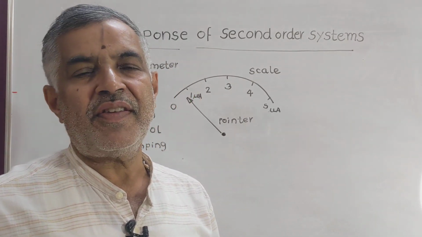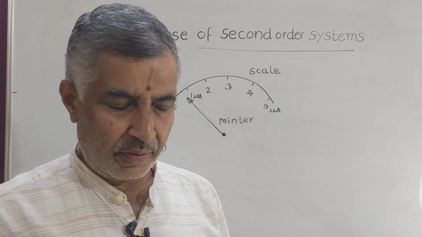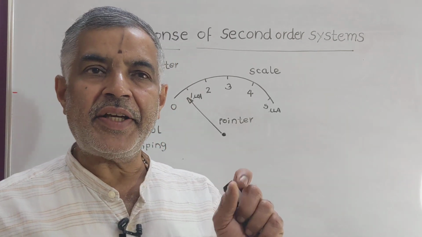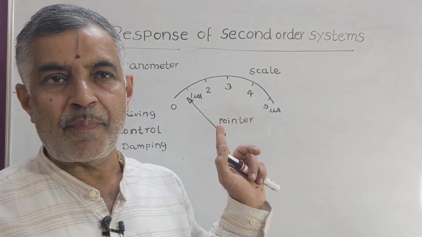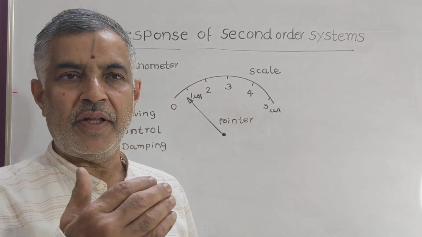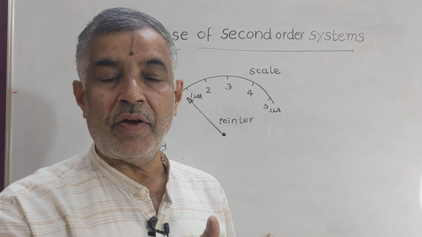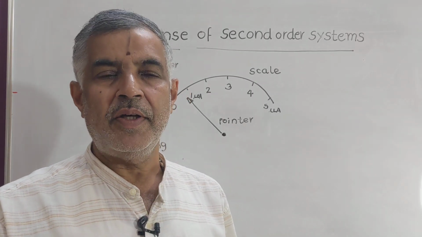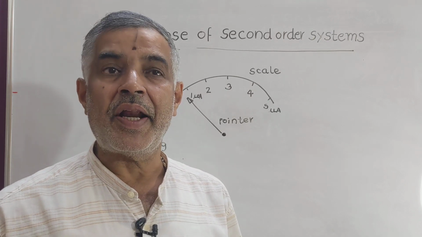So what is the function of driving force? So driving force is responsible for bringing the pointer from zero position. So before detecting current in the circuit, the pointer was occupying zero position. Now when current is detected, now what happens? The pointer comes out of zero position, and the force which is responsible for bringing the pointer out of zero position is what is known as driving force.